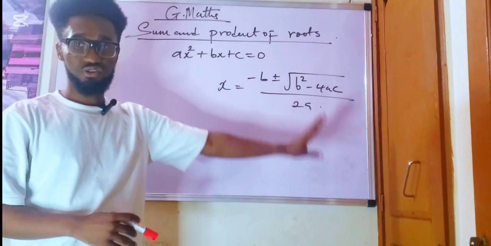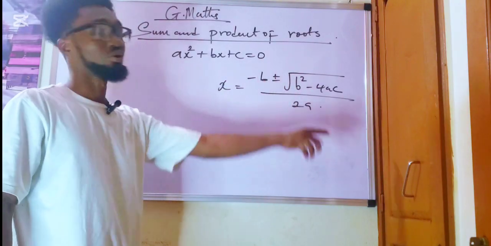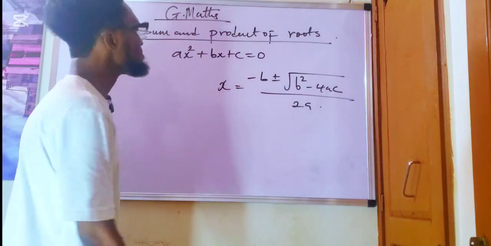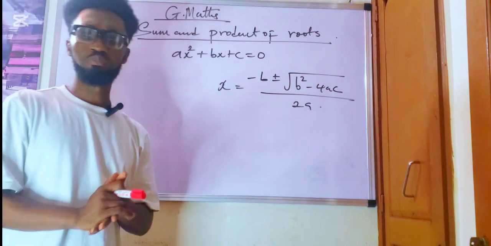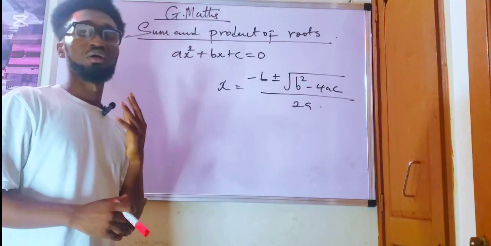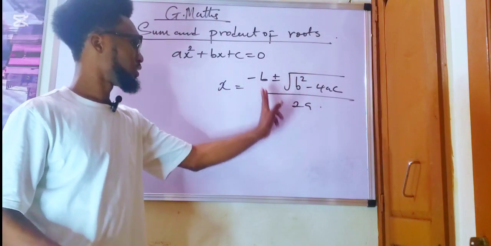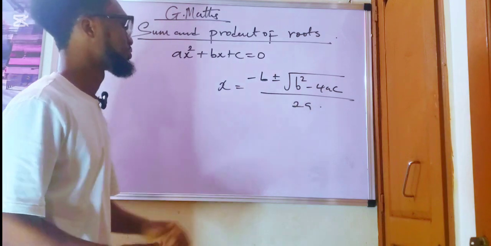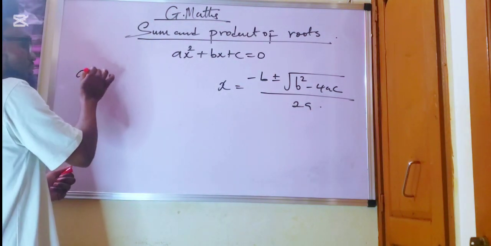Remember, we have two distinct roots here. The first root with plus, the second root with minus. Now, while deriving the sum and product of roots, we consider these roots of this equation. We say let the first root be alpha.